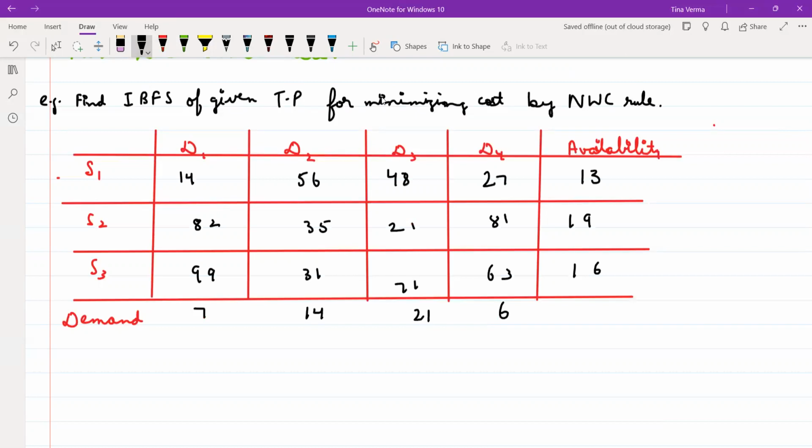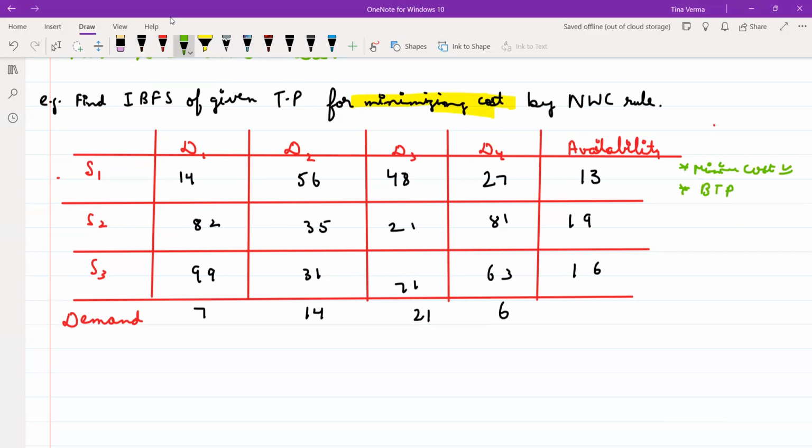Whenever you have to apply any method, either northwest, least cost or Vogel's approximation, you first have to check that the problem is of minimizing cost, right? That is given, so this is okay. The second thing, you have to check that it is a balanced transportation problem.